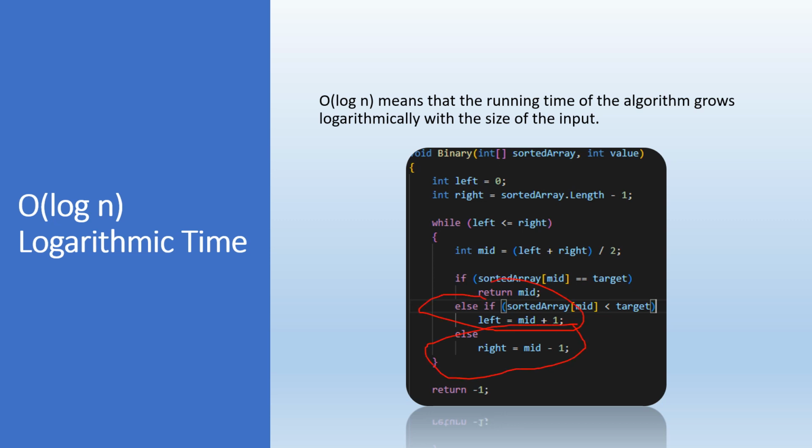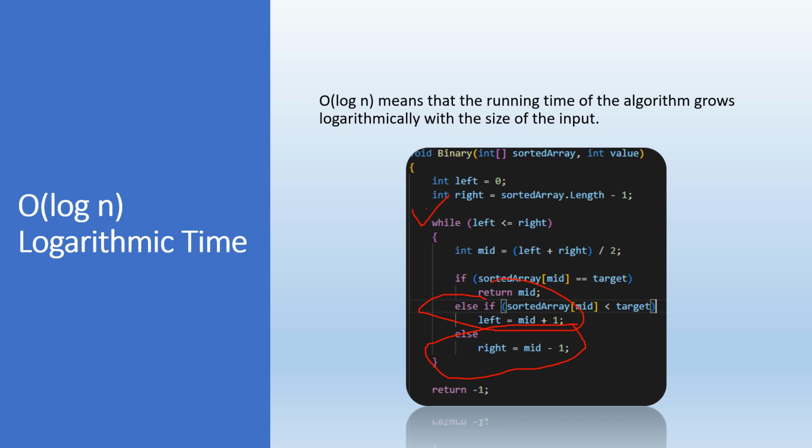What does it mean? Every time the while loop runs, it divides the total elements into half. So it is actually log of n time. So binary search always performs the operation in O of log n time.